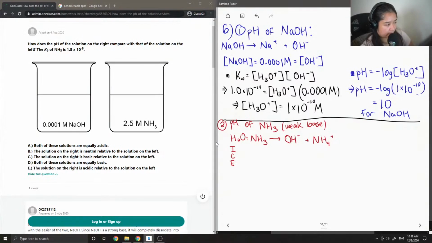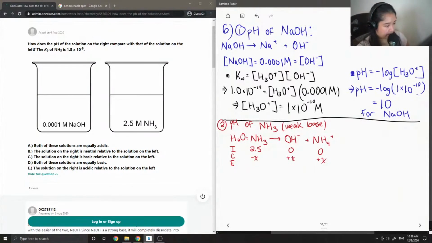So we know the initial concentration of NH3 is 2.5, and the initial concentrations of both of our products is just 0. The change is minus X for the reactant and plus X for both of our products.